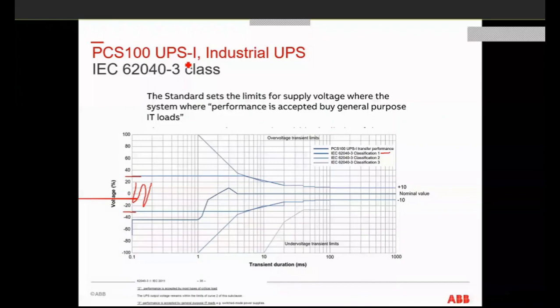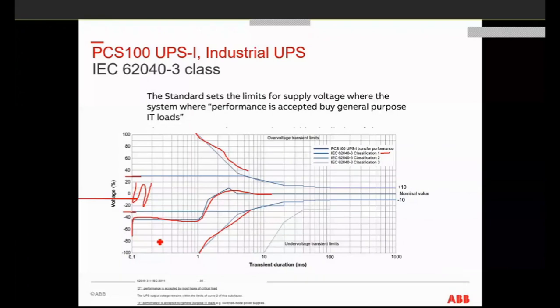If you have a very sensitive product that requires this class 1 protection, or class 1 solution, then the solution here is the PCS 120 medium voltage. So that is our solution for a very sensitive component.